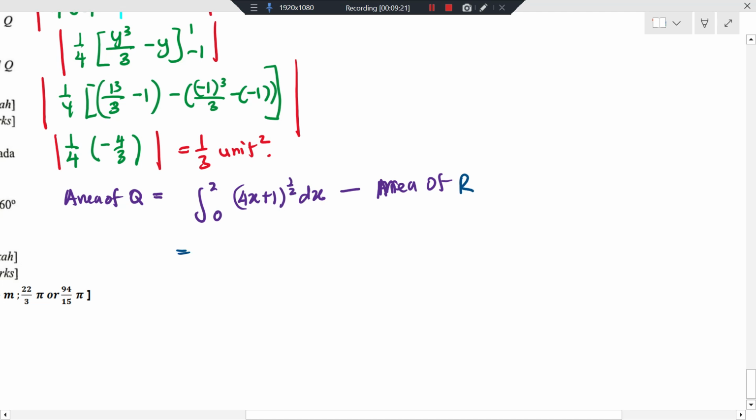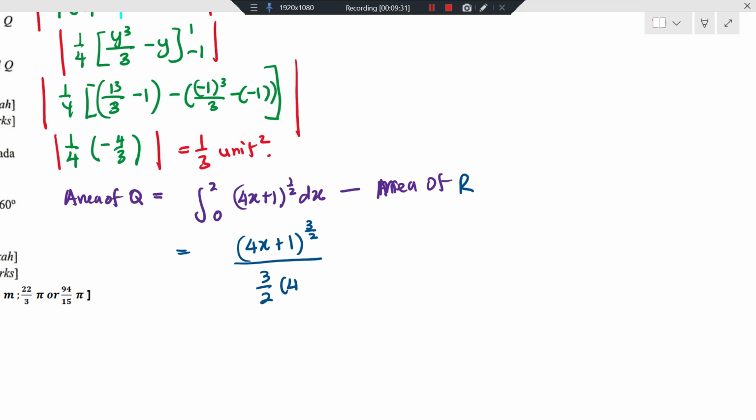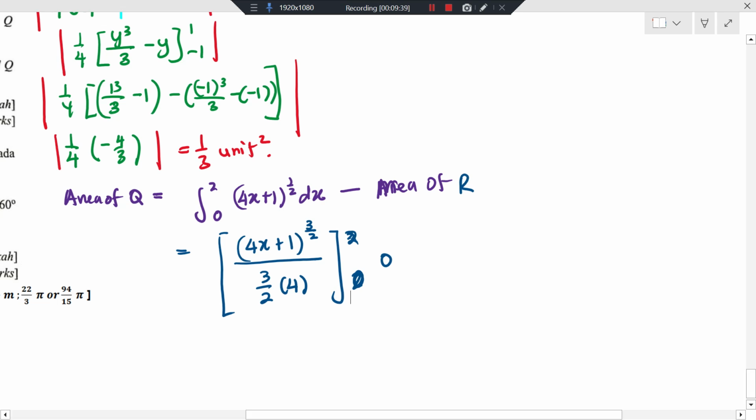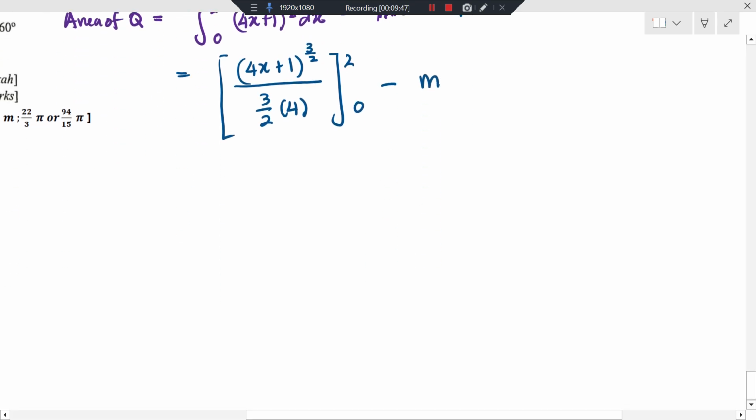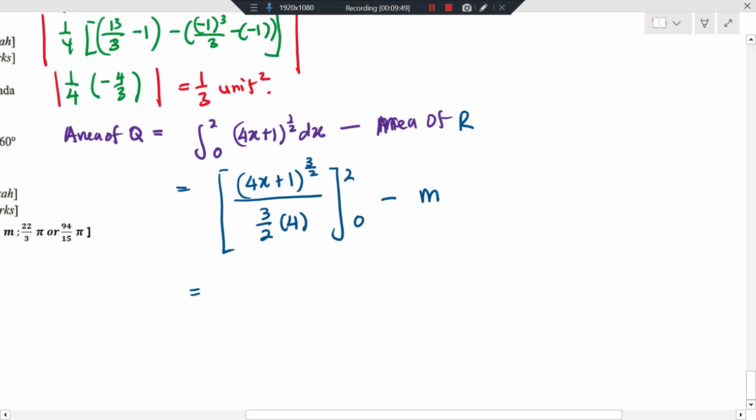Okay, now this one. So 1 over 2 becomes plus 1, becomes 3 over 2, and then differentiate the inside, 4, don't forget that, and then 2, 0, minus the area of R, which is the M. Now what do you get?